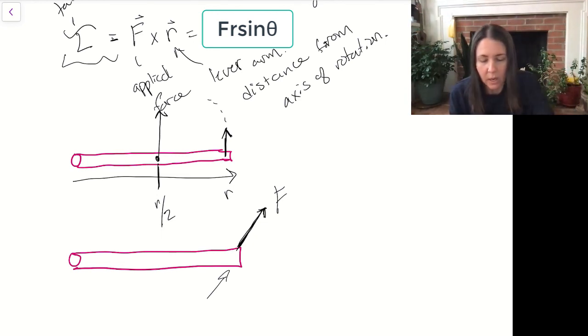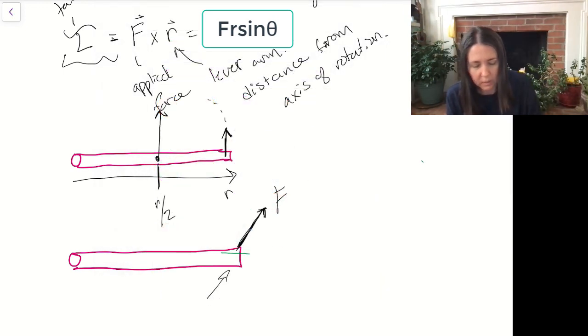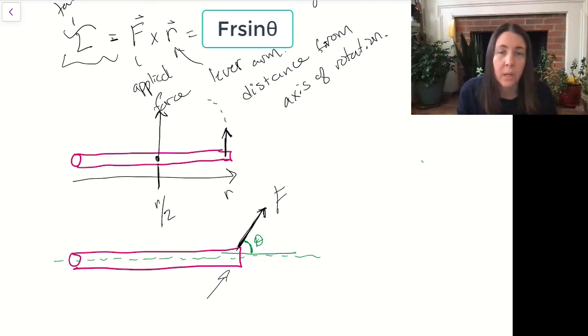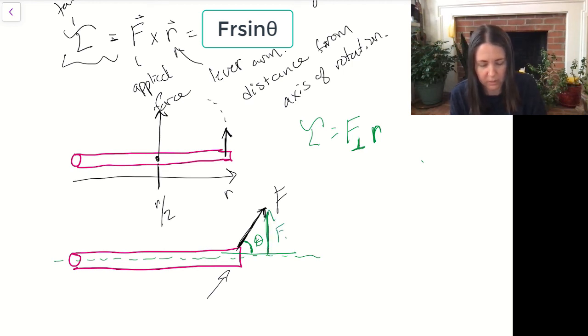The cosine theta would be the angle between the force and this lever arm here. You can think of adding in the angle as us really only caring about the force perpendicular to the radius. So we would find this F perpendicular here.